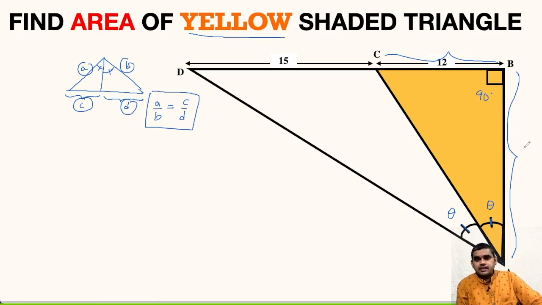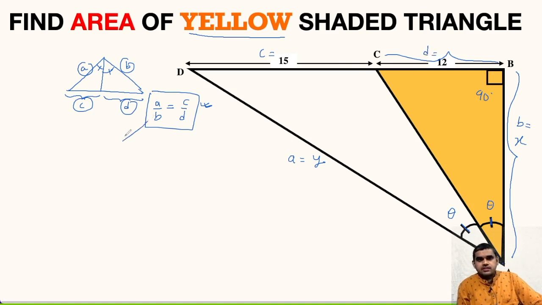For that, let us assume the length of BA as x and the length of AD as y. Using the angle bisector theorem just seen, this can be assumed as A and x can be assumed as B, then C is equal to 15 and D is equal to 12.